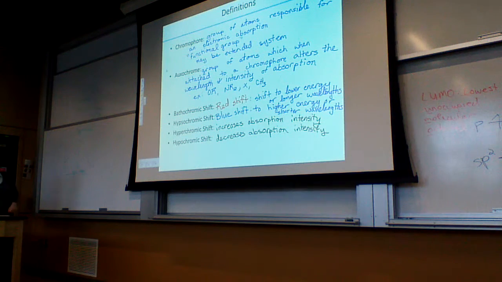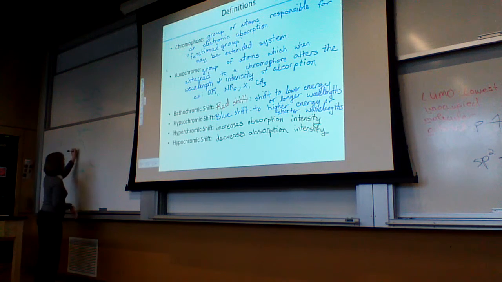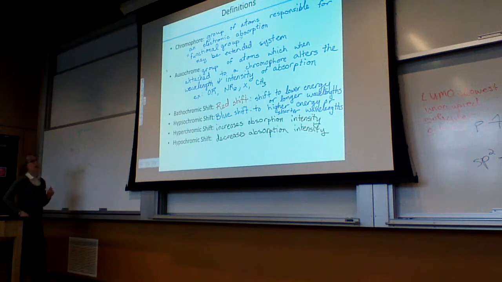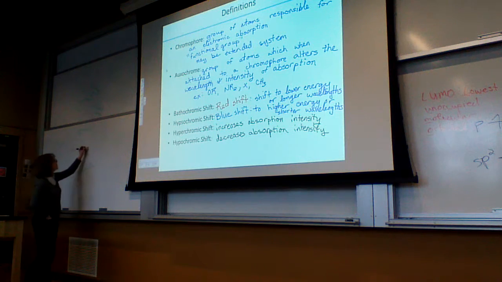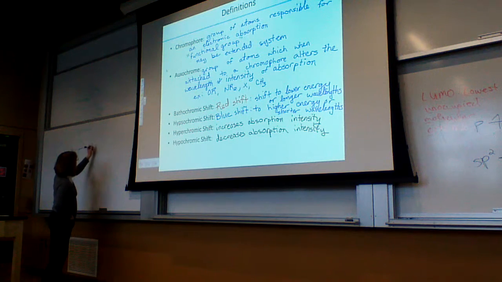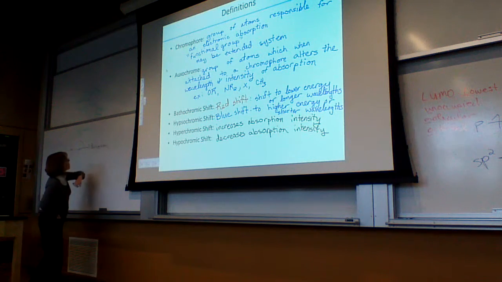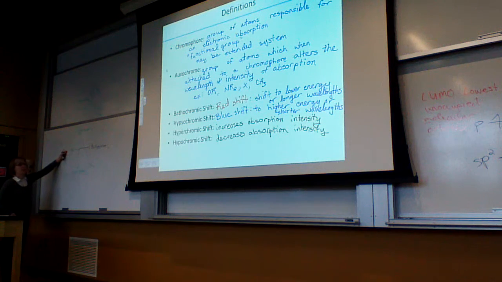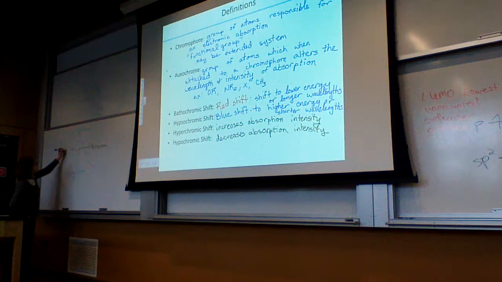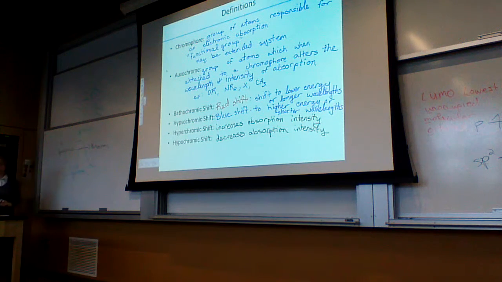The bathochromic shift and the hypsochromic shift are going to change where on the x-axis we are. So if we're going in a red shift, we're going to be going to longer wavelengths for a bathochromic shift, and a hypsochromic shift would be to shorter wavelengths, higher energy.